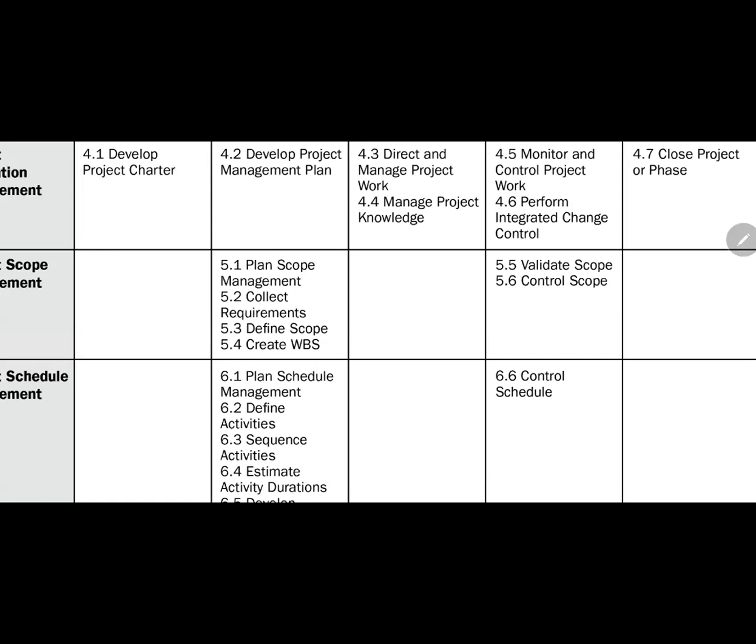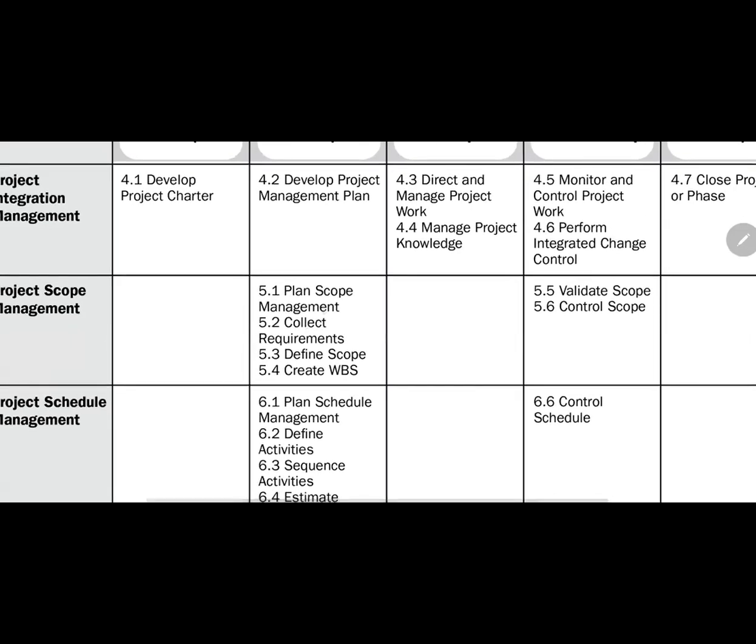So the content. Now at this level, the first process is plan scope management, which gives the right structure, policies, and documentation for how the project scope will be planned, validated, and controlled. The next process is collect requirements. This collect requirements is vast.